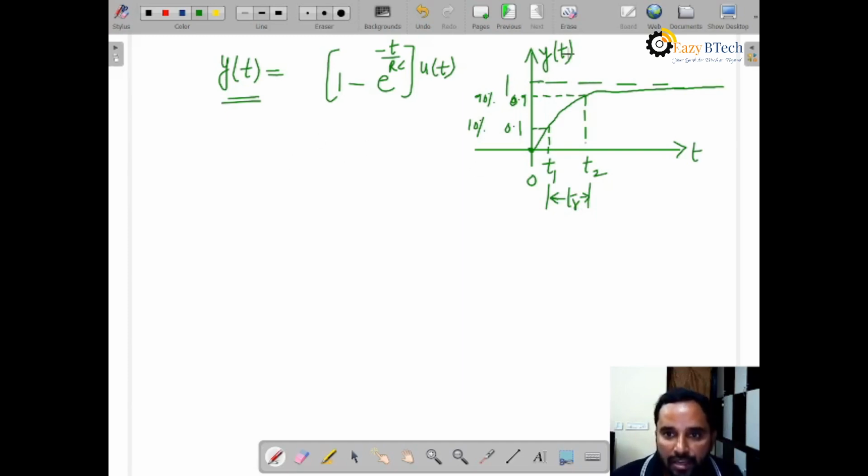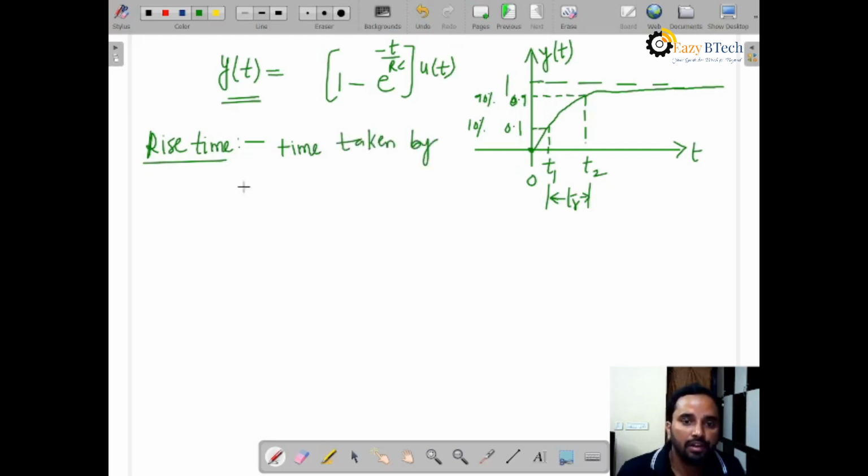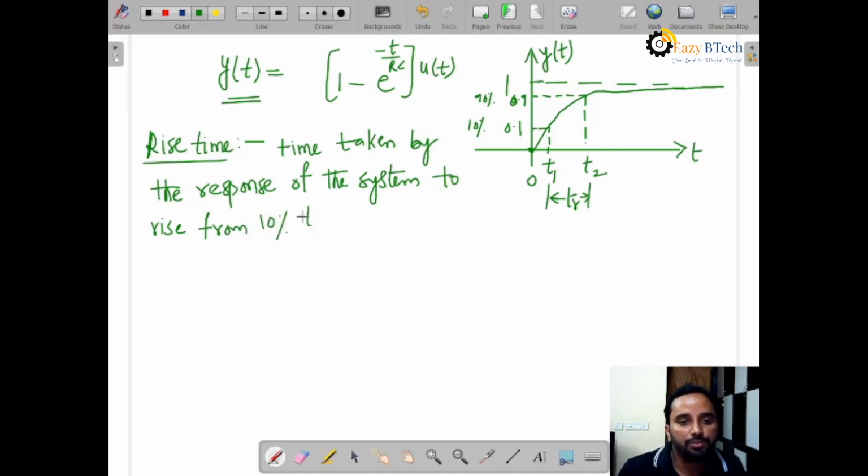So the time taken by the response of the system to rise from 10% to 90% of its final value, that is the definition of rise time. So I am writing it now. Rise time is the time taken by the response of the system to rise from 10% to 90% of its final value.